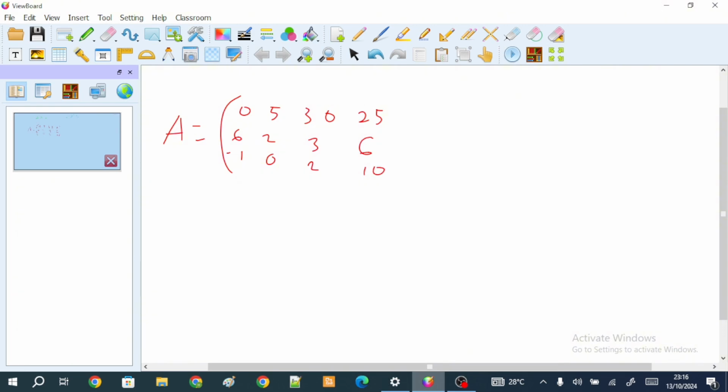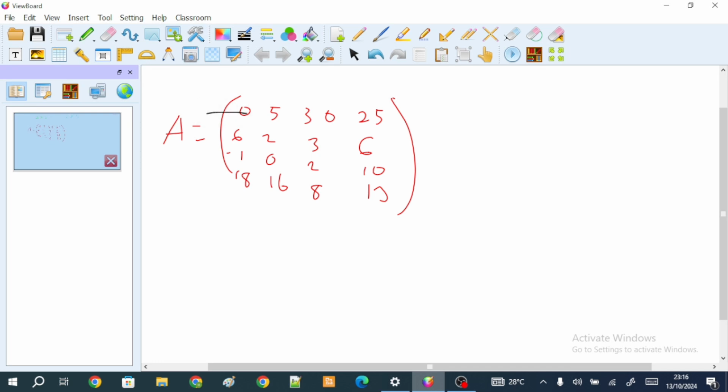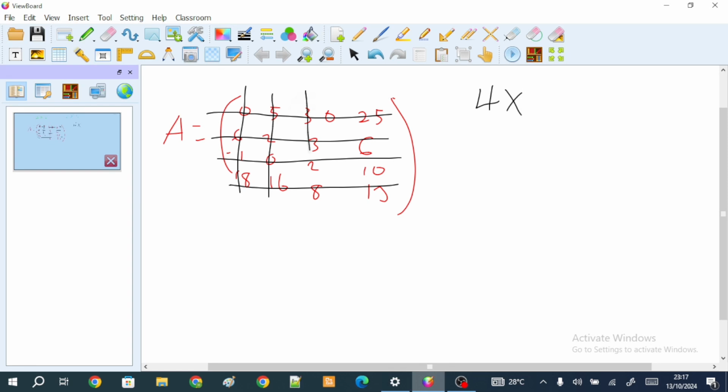Then we have 18, 16, 8, and 13. So what is the order of this matrix? As we already know, this is row 1, this is row 2, this is row 3, this is row 4. So we have a 4 by, let's count the number of columns, column 1, column 2, column 3, and column 4. So this is a 4 by 4 matrix.